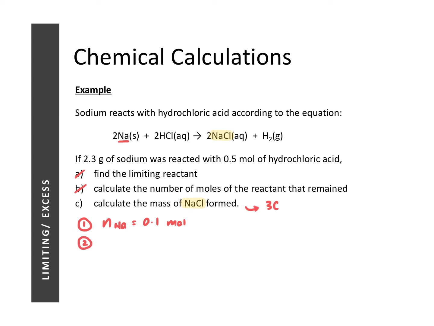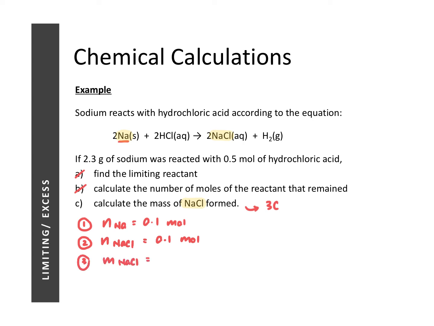Compare mole ratio between what? Between your limiting reactant and the product that is formed. When you look at the balanced equation, the ratio again is 2:2 or 1:1. So that means the number of moles of sodium chloride formed would also be 0.1 mole. And lastly, we need to find the mass of sodium chloride.